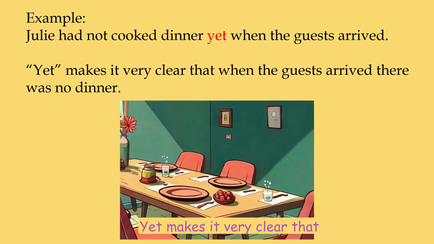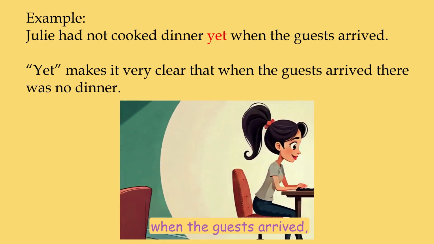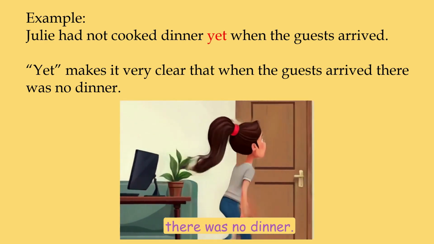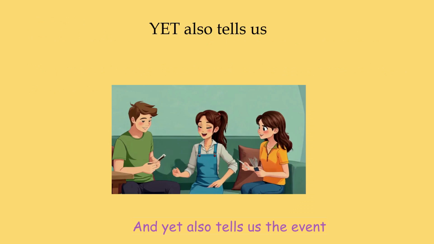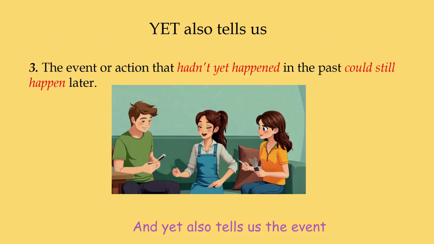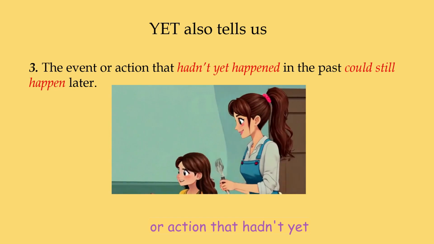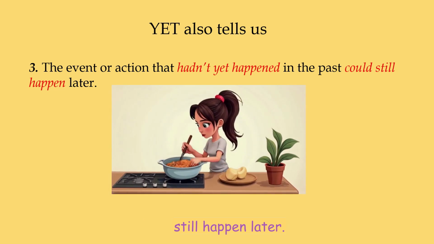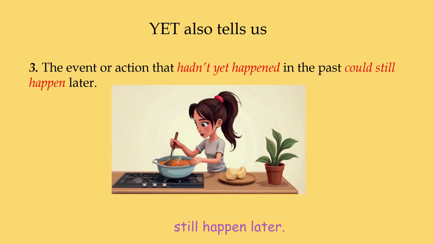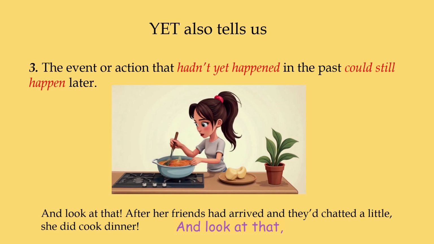Yet makes it very clear that when the guests arrived, there was no dinner. And yet also tells us the event or action that hadn't yet happened in the past could still happen later. And look at that. After her friends had arrived and they chatted a little, she did cook dinner.